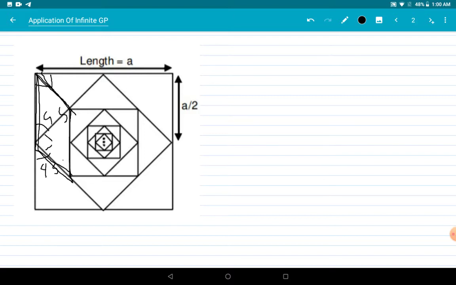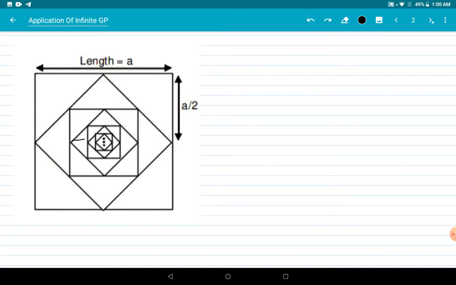I can say this because this angle is 45, this angle is 45, and this angle is 90 degrees. These two triangles that we get here are congruent to each other. So we can say that this side, the length of this side, is a by 2, equal to this side, right? We can say that. So now what should we do?